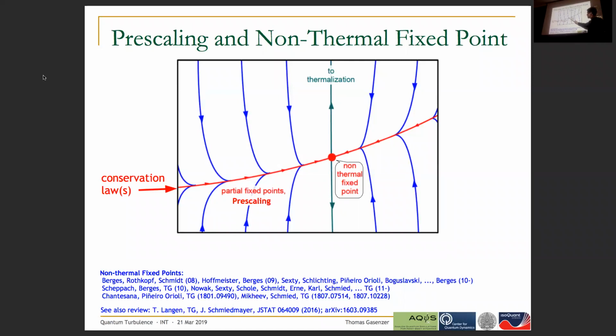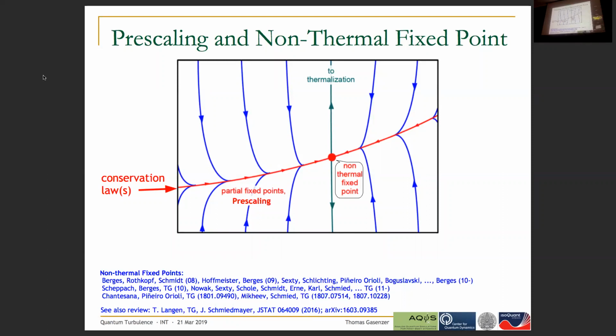If it's only running very close to the line, then eventually you can also deviate and run into the final thermal state without really hitting the non-thermal fixed point. And that will then, of course, also in a generic system, always be the normal situation.